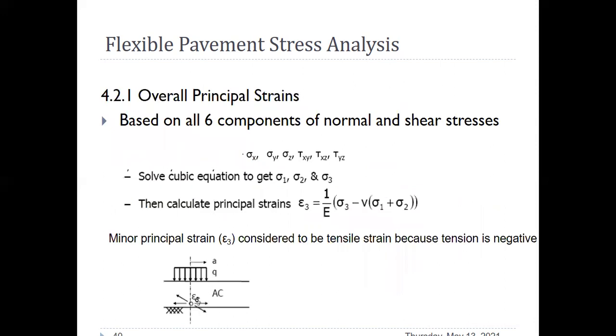When we talk about the overall principal strain, we are talking about sigma x, y, z, tau xy, tau xz, and tau yz. We use a cubic equation for the stress tensor, sigma 1, sigma 2, and sigma 3, and you can calculate epsilon 3 as 1 over E times sigma 3 minus mu times sigma 1 plus sigma 2.